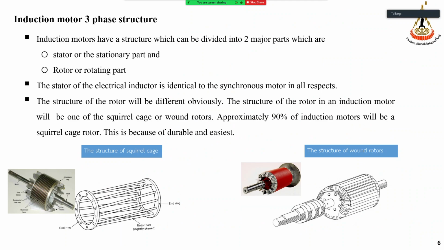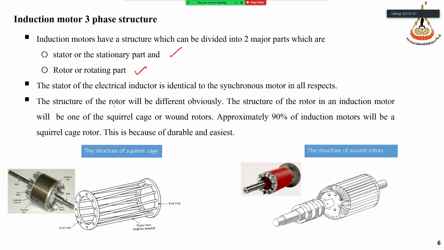The induction motor has a structure that can be divided into two major parts, as I talked about in the last slide: the stator, the stationary part, and the rotor, the rotating part. The stator of an induction motor is identical to that of a synchronous motor, but we didn't talk about synchronous motors.